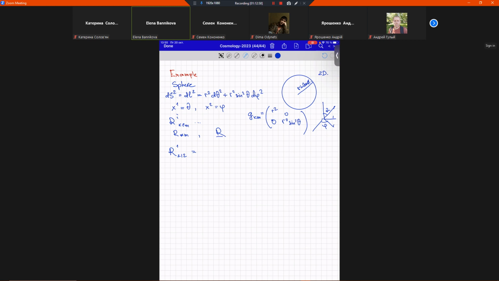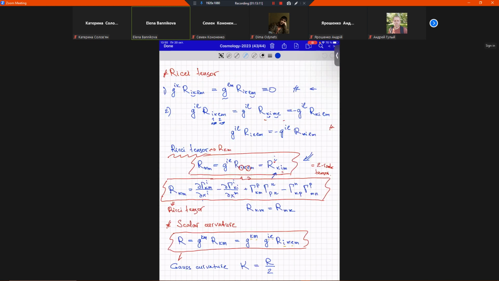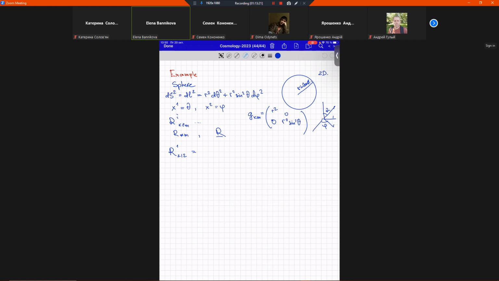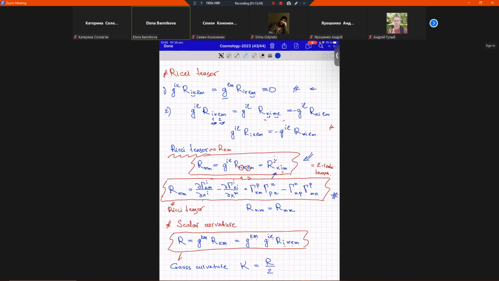In this two-dimensional space, we have just a few components. These are two non-zero components. To obtain it, we just need to put here, instead of the indices k and m with corresponding summation, numbers.